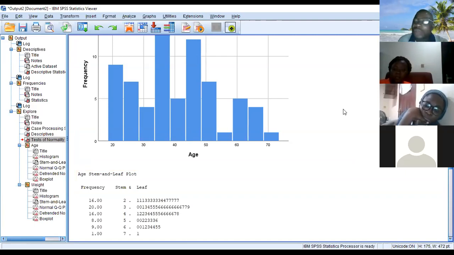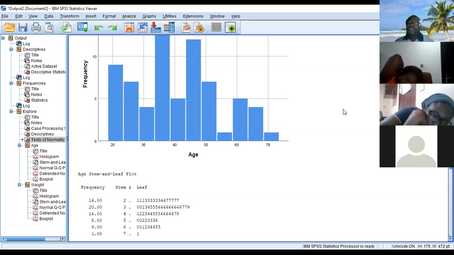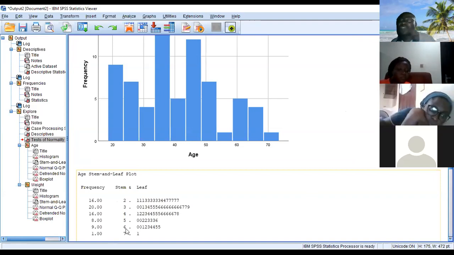But here we are dealing with age, which is two digits. That's why the last digit is the leaf and the first digit is the stem. If it is four digits, the last digit is the leaf and the first three digits will be the stem. If it is three digits, the last digit is the leaf and the first two digits are the stem.